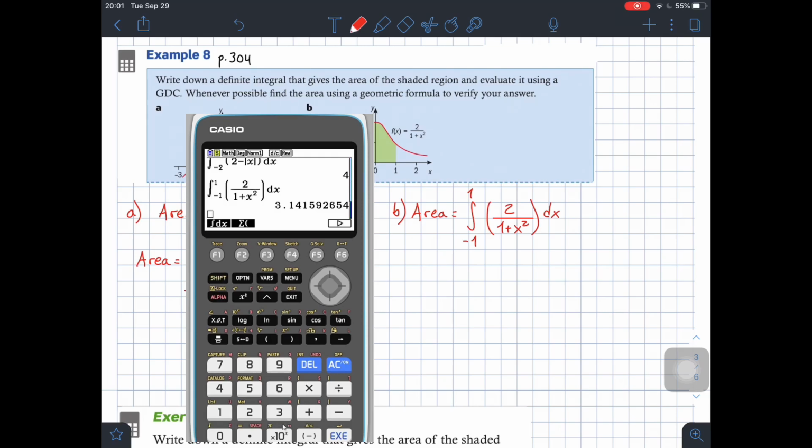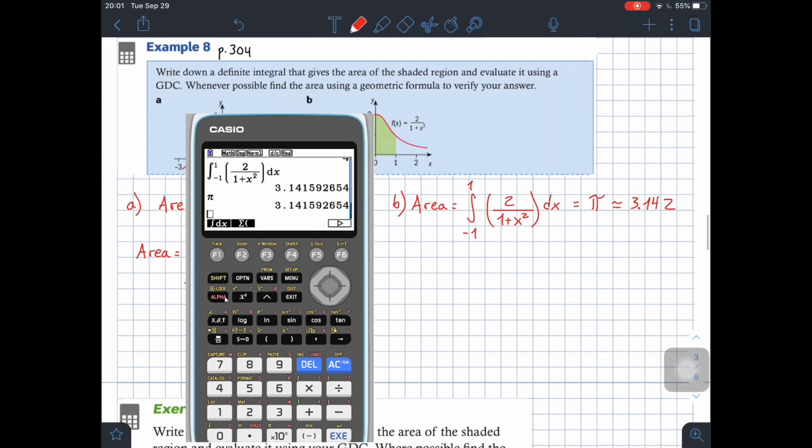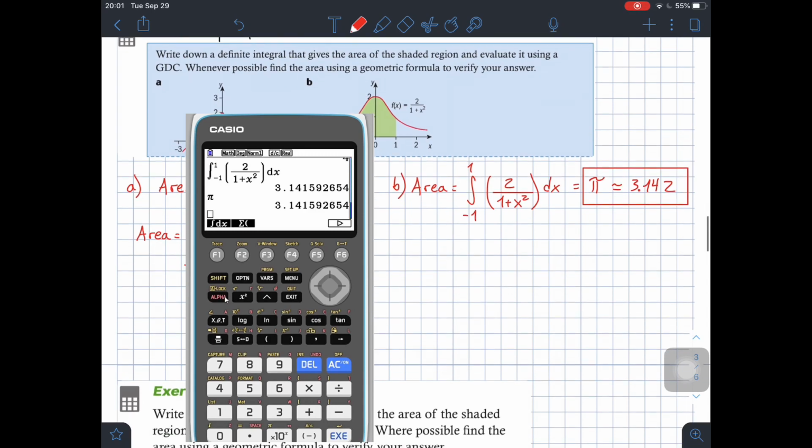If we write pi, yes, it's exactly pi, right? So the area is 3 point, or we can write it as pi. The area is actually pi, which is approximately equal to 3.142, right? So this would be the value of the area of this particular figure. So you see how we can find areas of irregular shapes by applying this concept of definite integral.